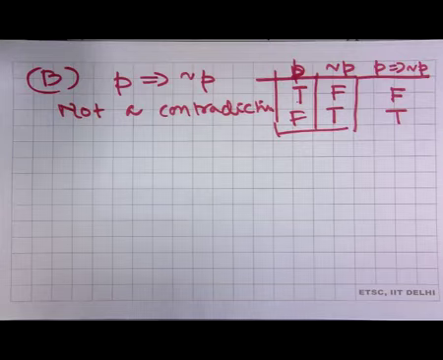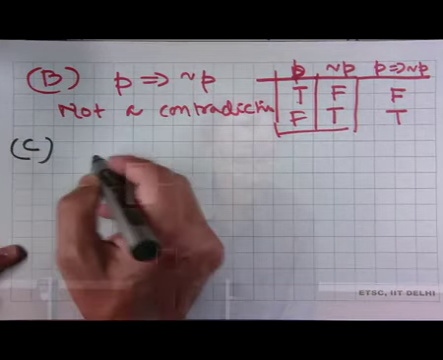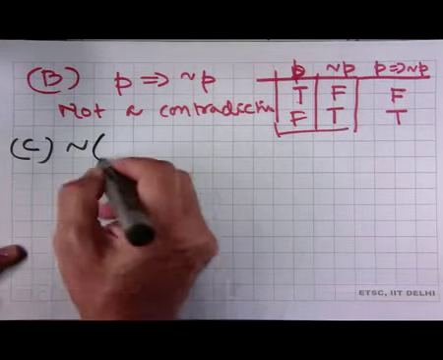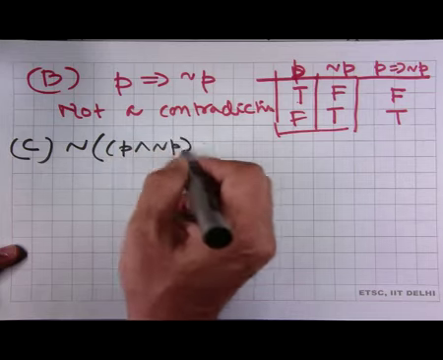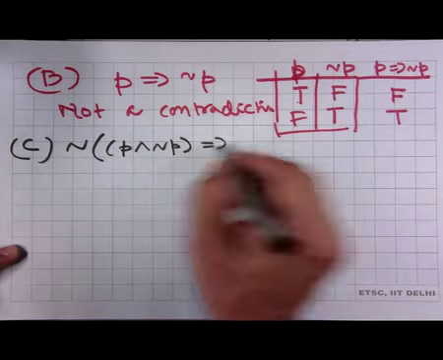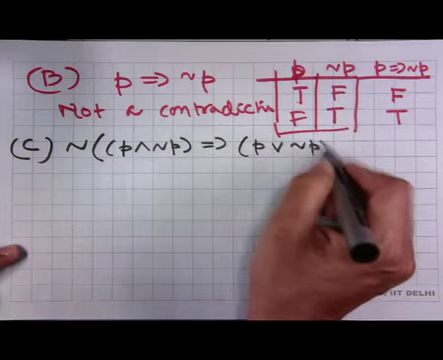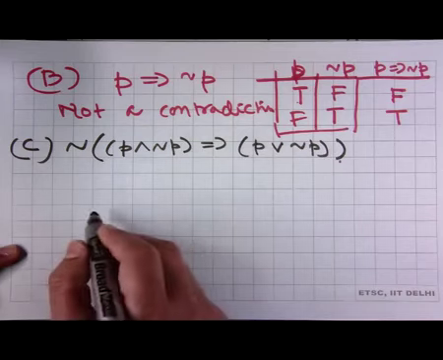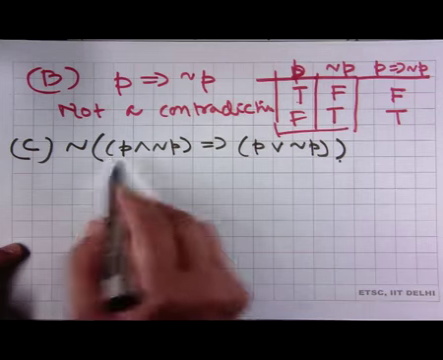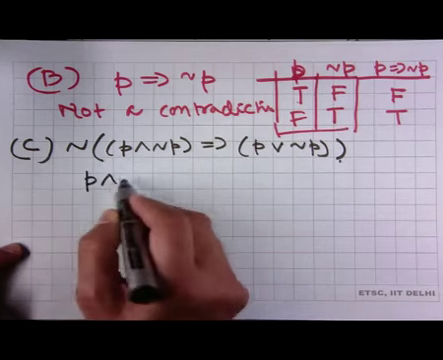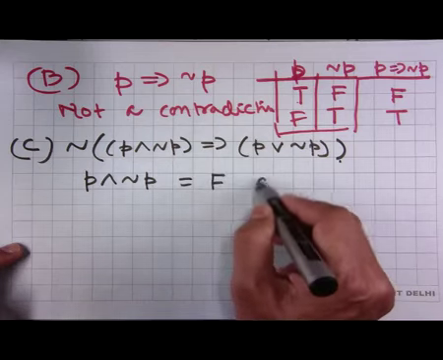Now, let us look at the third one, not of P and not P implies P or not P. Okay. How to do that? We know that P and not P is false all the time.